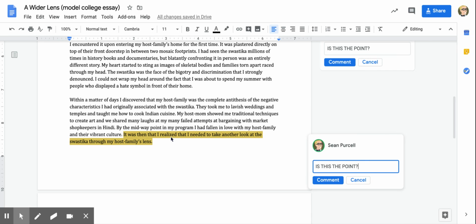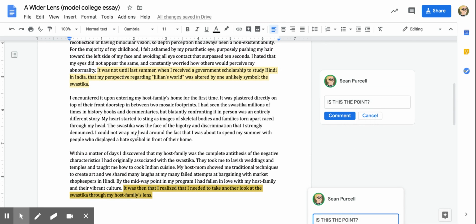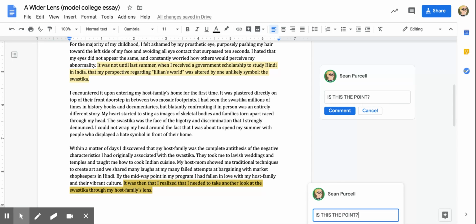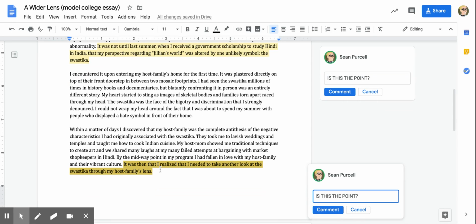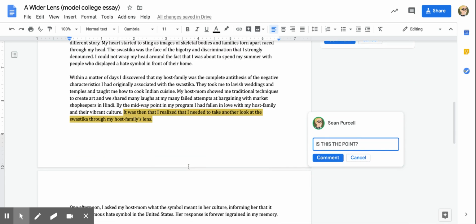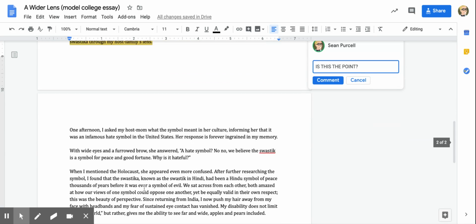I'd say no. These sentences aren't telling us how her perspective changed. All they're really doing is helping the essay move forward by transitioning to the next part of the story. Like right here, my perspective was altered by one unlikely symbol, and then here she tells the story of how she encountered that symbol, and then she says here, I realized I needed to take another look at that symbol through my host family's lens, and that's what she does here.